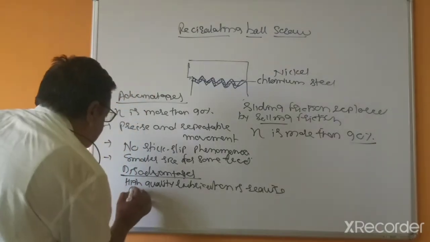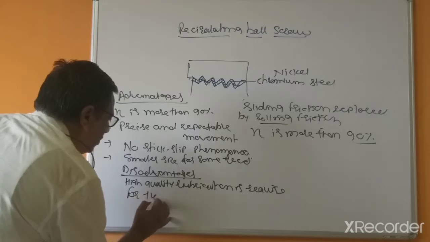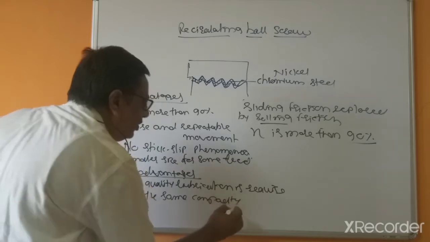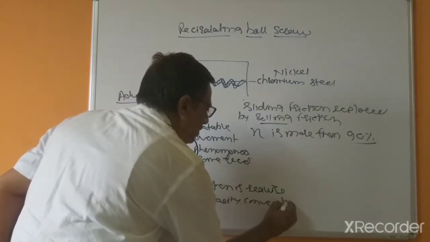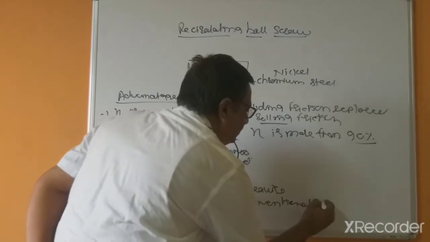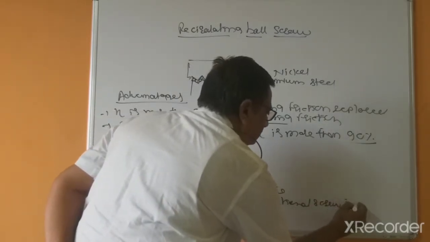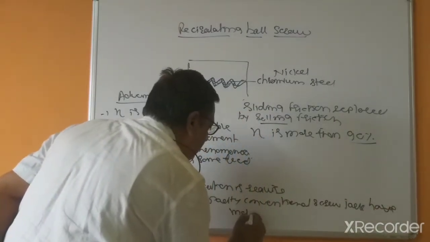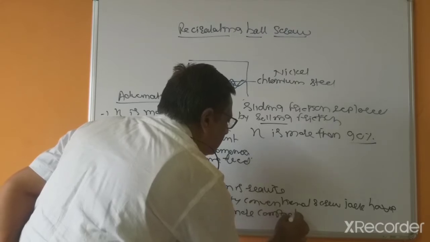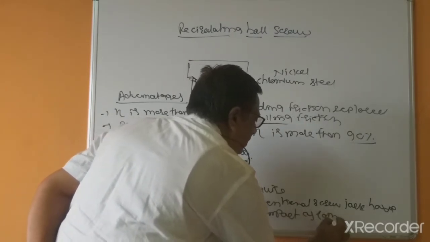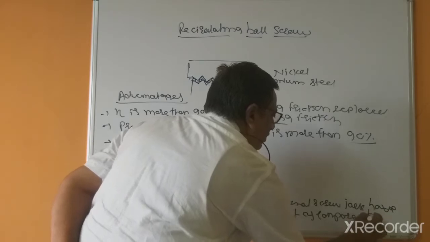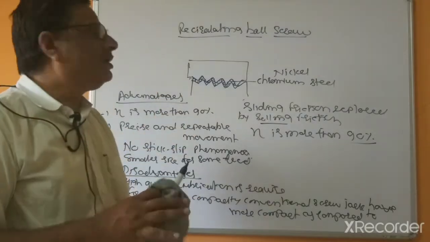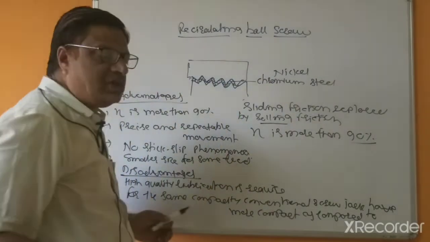And for the same capacity, the conventional screw jack is more compact as compared to the recirculating ball screw. So what are the applications of the recirculating ball screw?